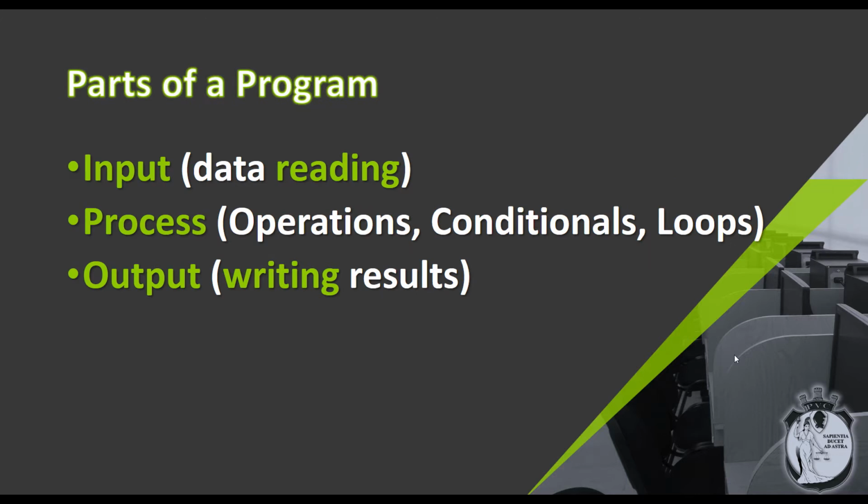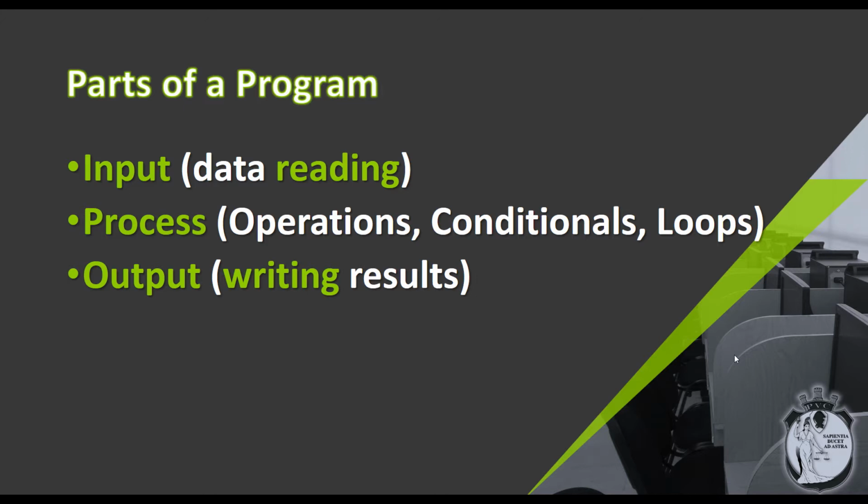Parts of a program: you need to understand the three parts. Well, you need to memorize all the parts of a program because they will be used in all the rest of the course. So it's very important to know the three parts and to follow them in order. The first one is the input. What is an input?